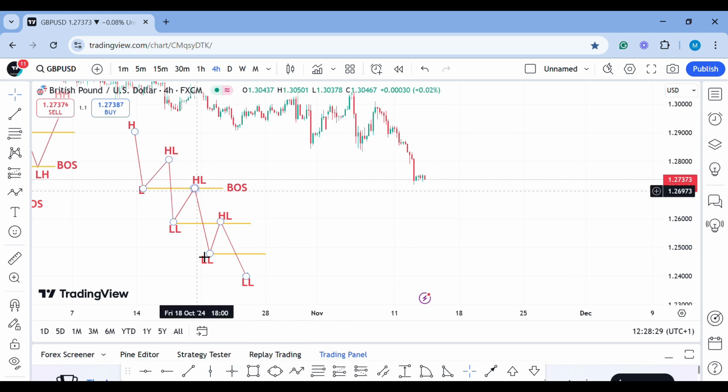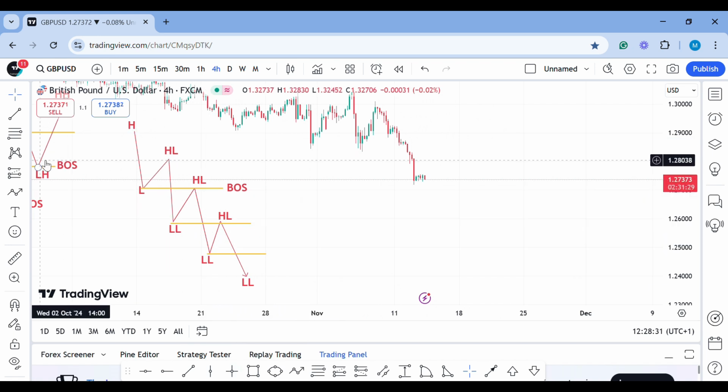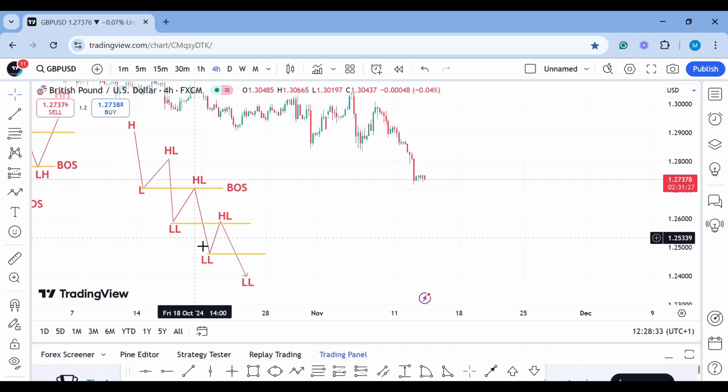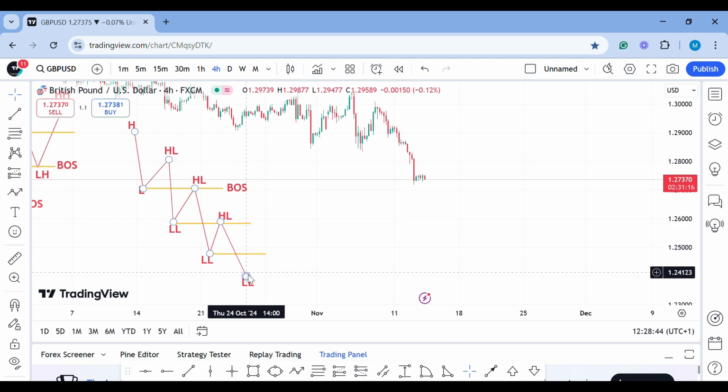There's no need to explain much here because I've already explained everything. It's the same thing, but the opposite. So this is the impulsive move, the correctional move, the impulsive move, the correctional move, the impulsive move, correctional move, impulsive. Whenever you see the market coming to the downside, after you've marked out your break of structure and the market has broken it, what you should be expecting next is that the market should come back to retest this place.